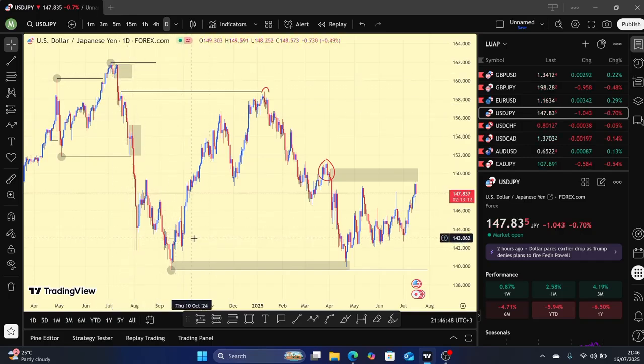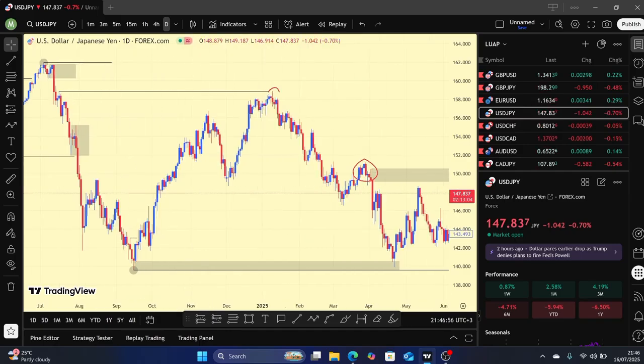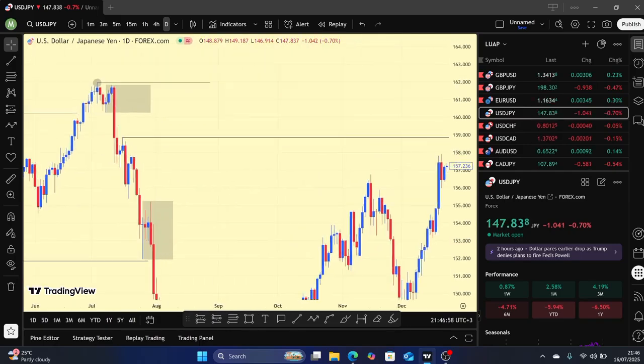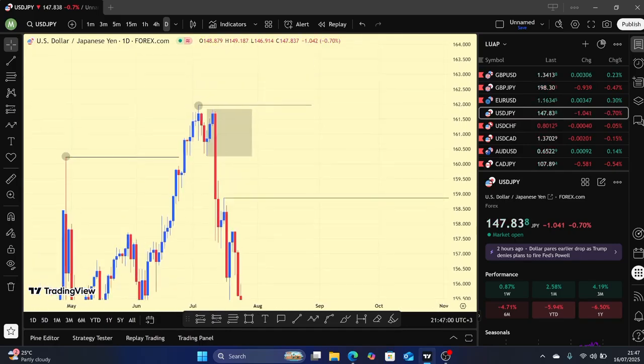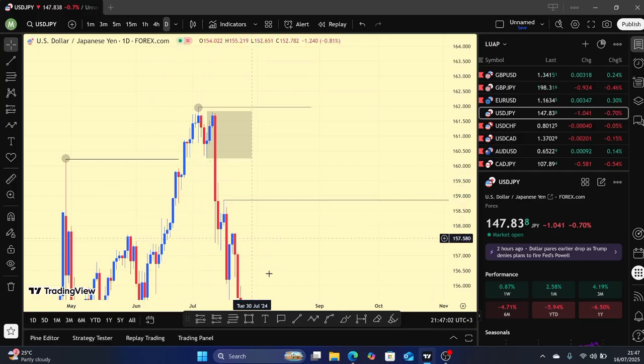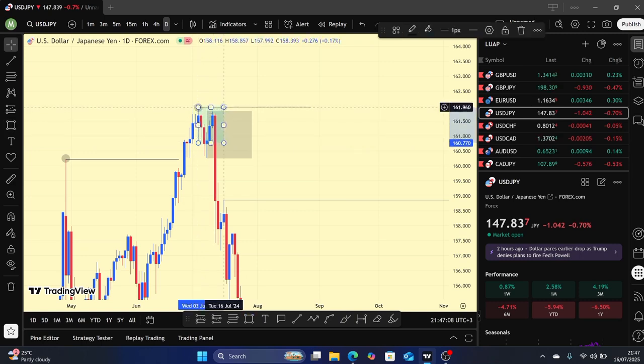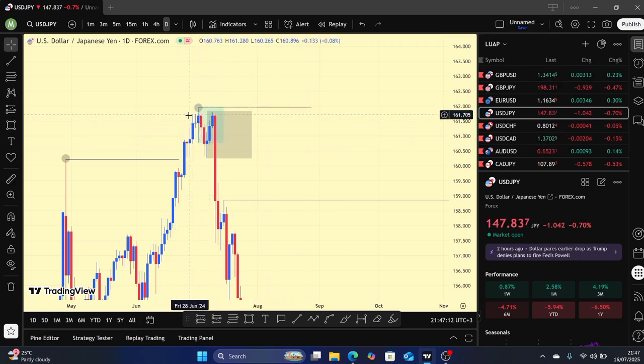So the inducement was taken out, and after that we all know the next step is usually marking the order flows. And right here, let me zoom so that you can see why exactly I marked this here as an order flow. The extreme order flow, this one here, you can clearly see was mitigated. The reason I'm saying that is because this candle is a valid pullback.